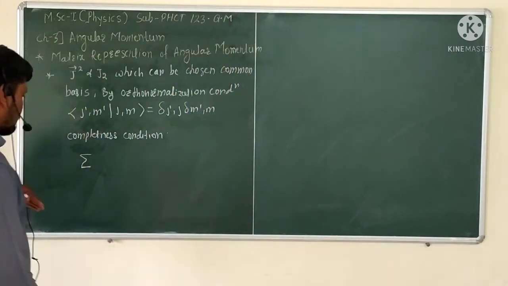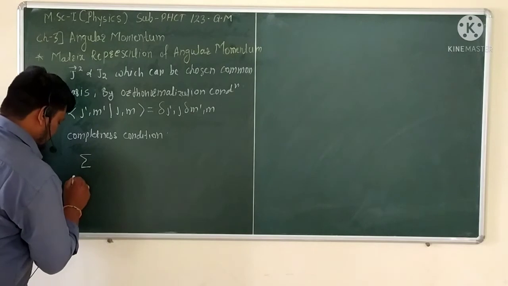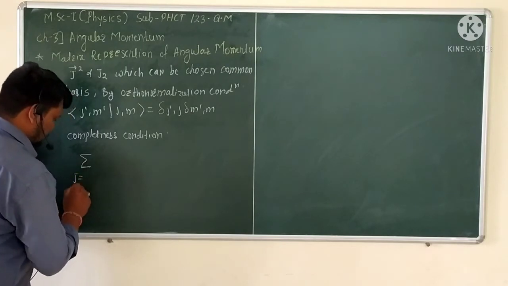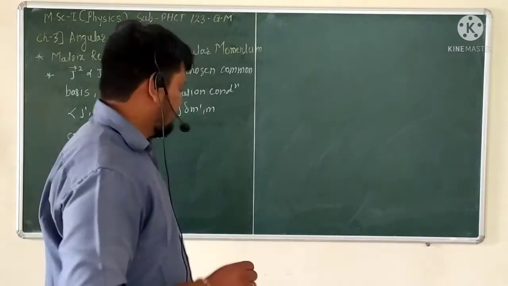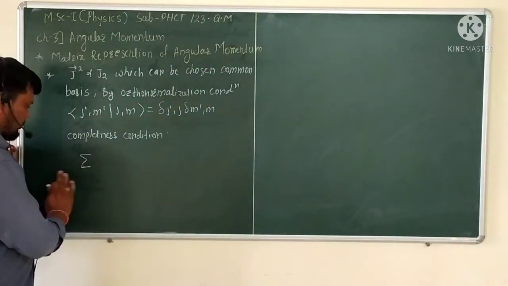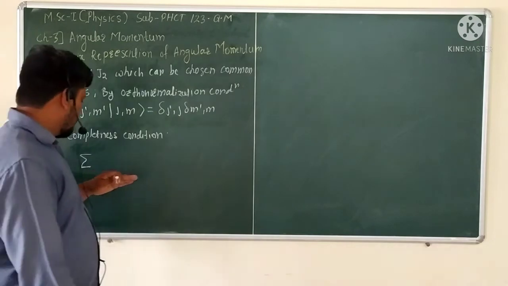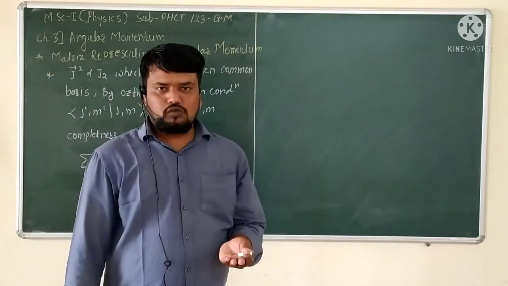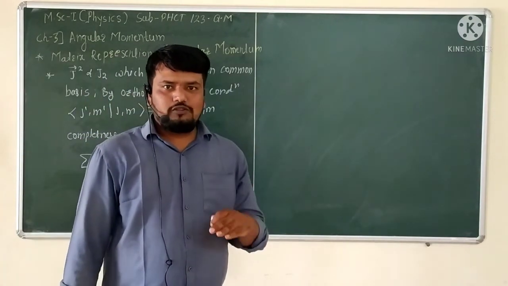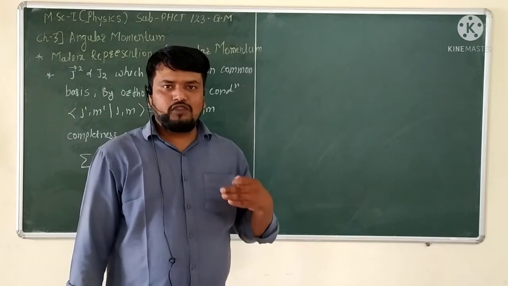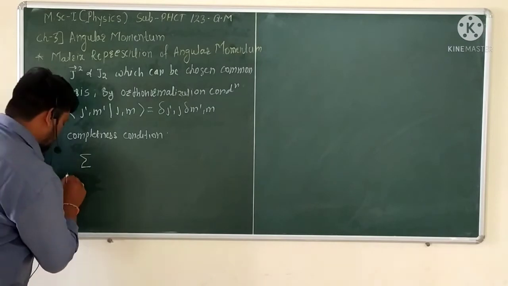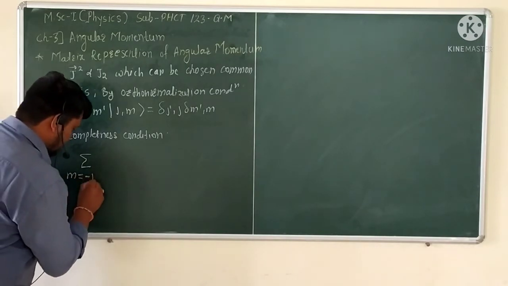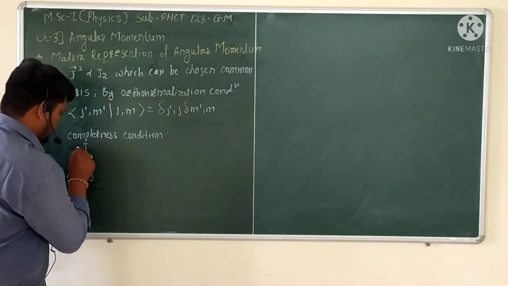We know that for the total angular momentum, for example j equal to 1, the m value runs from minus j to plus j, and that is why m runs from minus j to plus j.